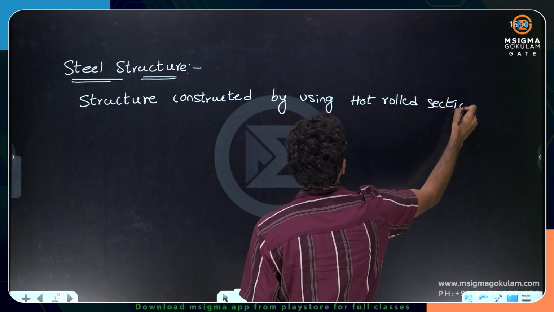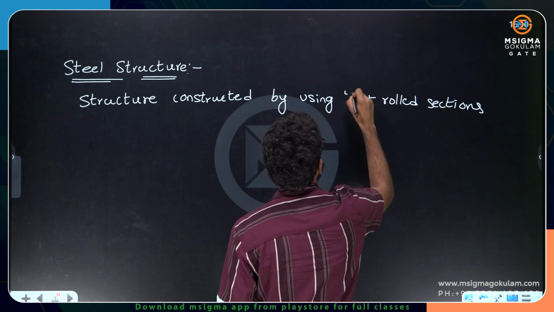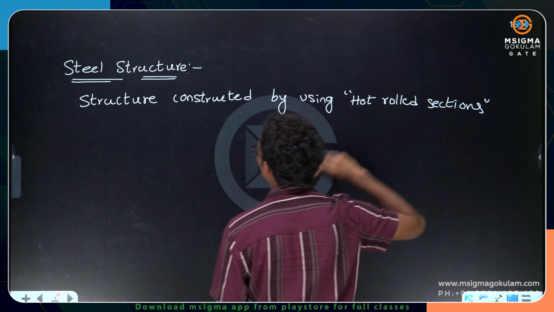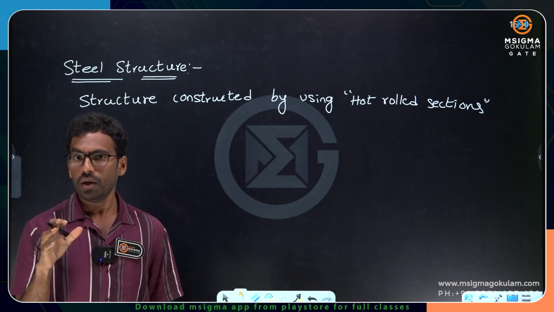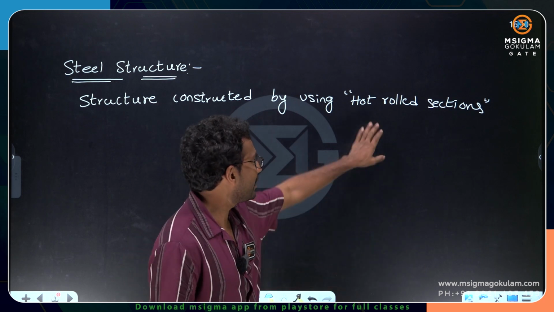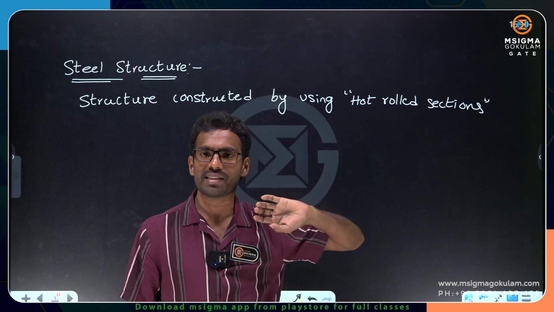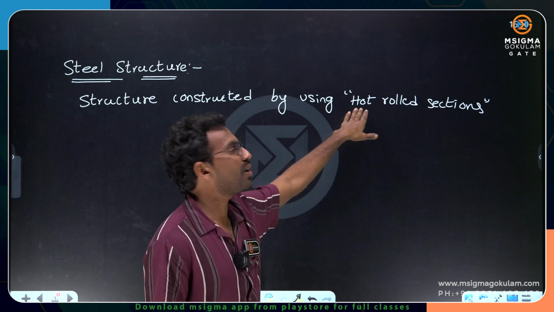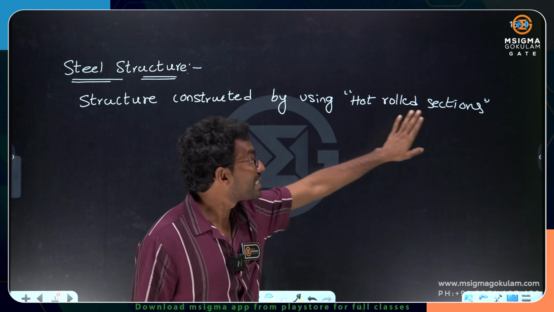So the structures which are constructed by using hot rolled steel sections are basically called steel structures. What are these hot rolled steel sections? Why do we name them hot rolled sections?